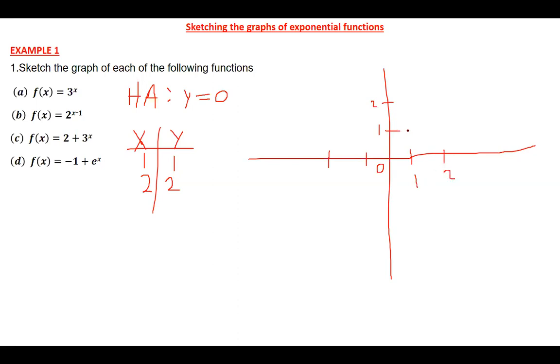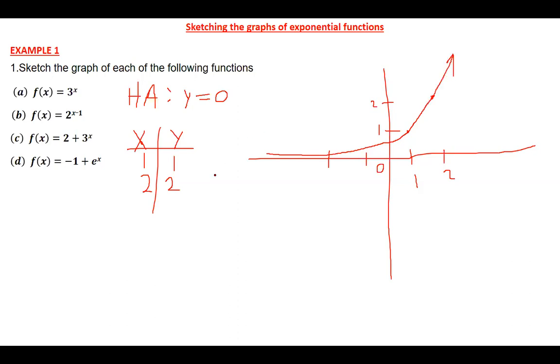So you have the point 1, 1 there. We also have 2, 2 there. Then the horizontal asymptote is just the x-axis here. So meaning you draw your curve like that.